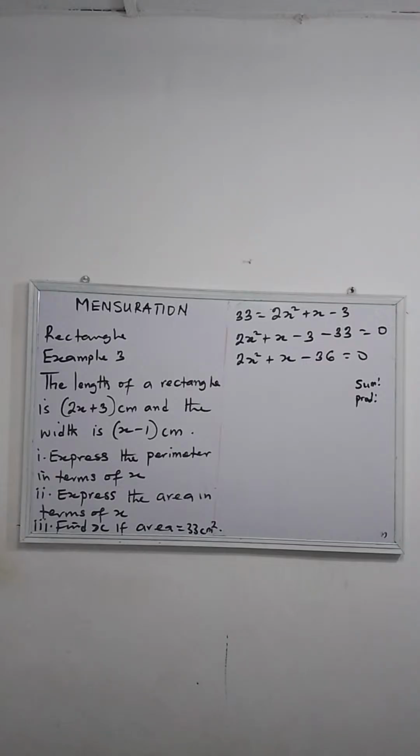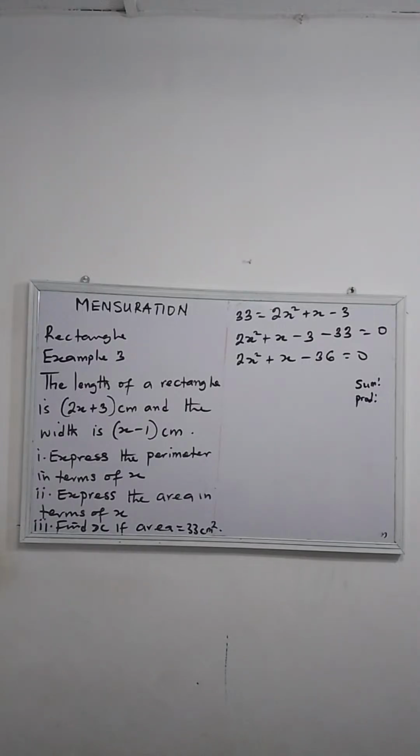Okay, Toyosi, what's your answer? This is Balogun again. Okay, so I can see plus 1 and negative 72.